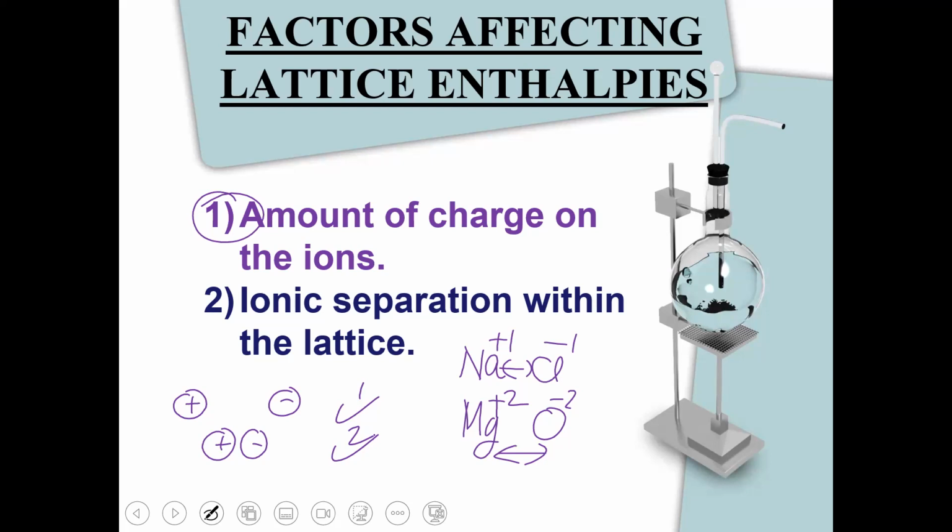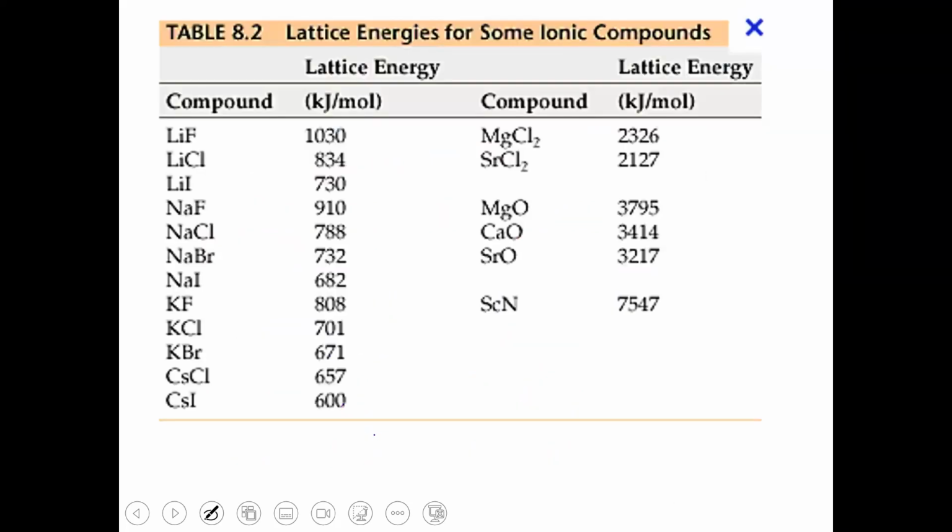So these are the two important factors we have to consider. Now look at this example: sodium chloride 788, magnesium oxide is a huge number, around 3,800.